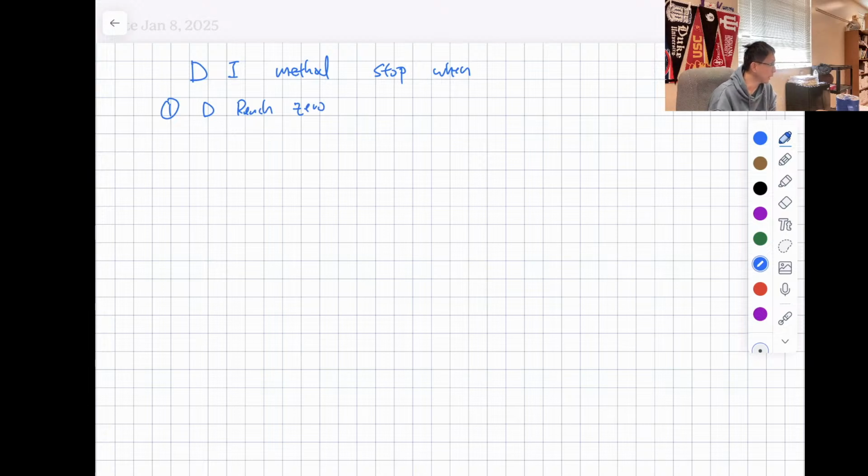We know that already, right? Second situation, when the row, wait, is that row or column? Row, okay. Row becomes integrable.